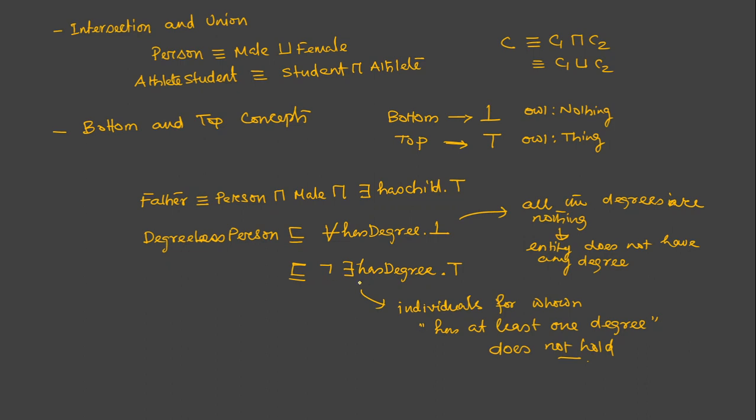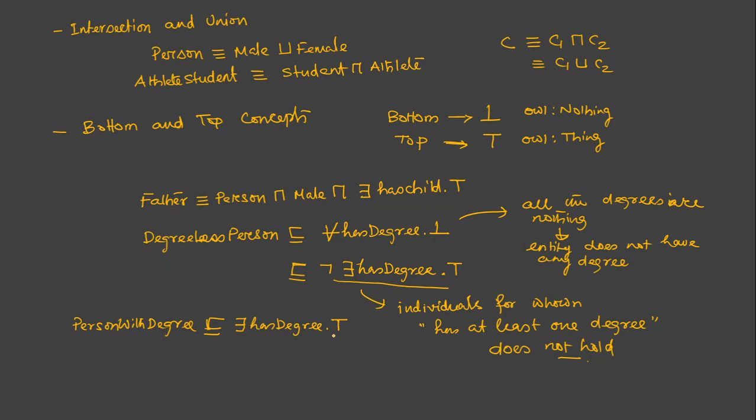So there is something else to talk about this particular expression. Let me take this out here. So let us try to represent a person with degree, right? So person with degree, we can define to be the subclass of there exists has degree T, top, right?